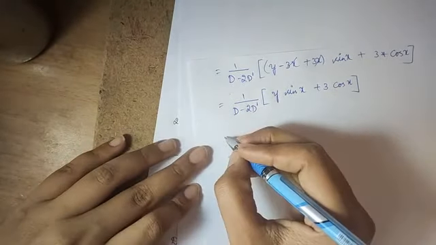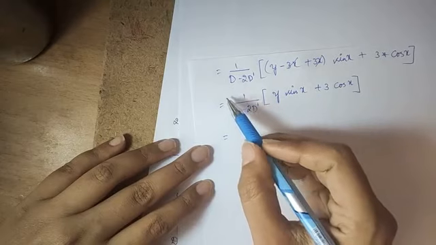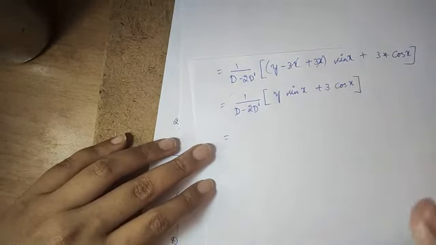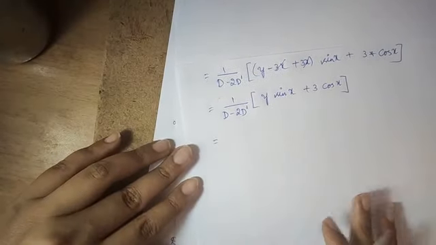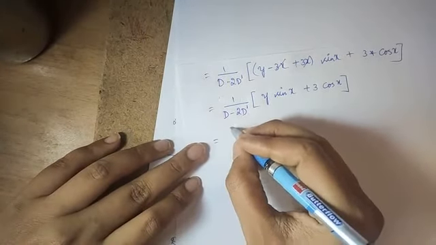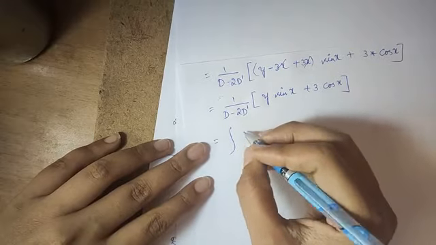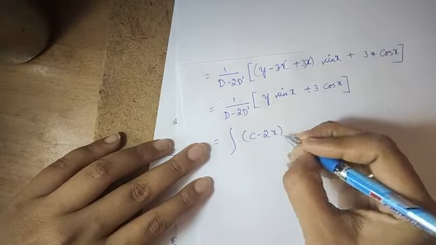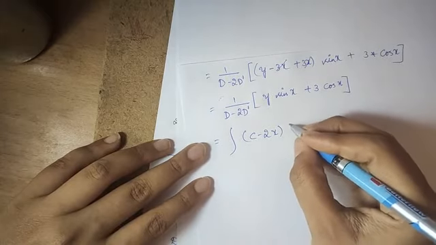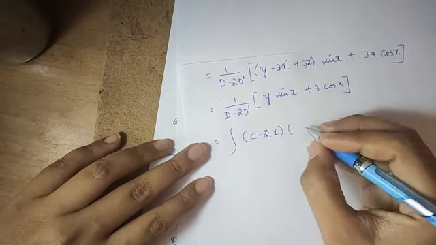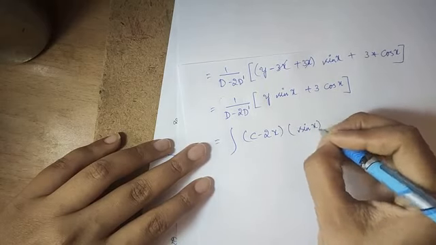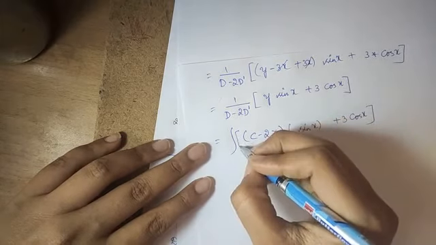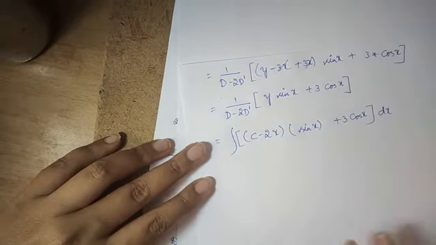So what I will do now is, again I will write this whole term as integral of f of x comma c minus lambda x into dx form. So let's write that integration of c minus, now my lambda value is 2, so c minus 2x into sin x plus 3 into cos x, this term is as it is, into dx.